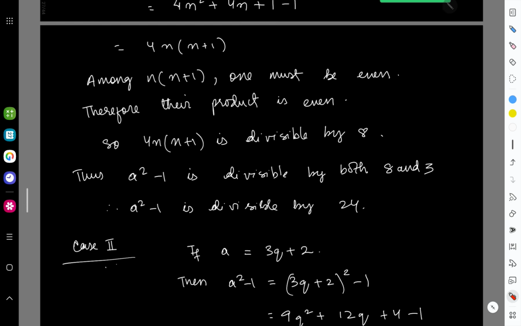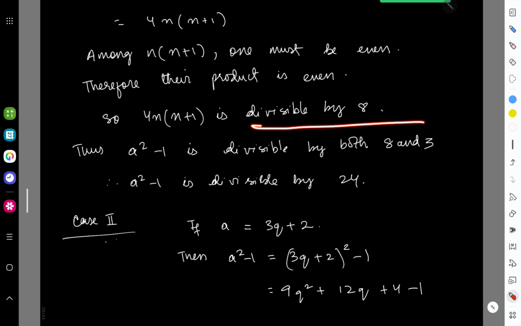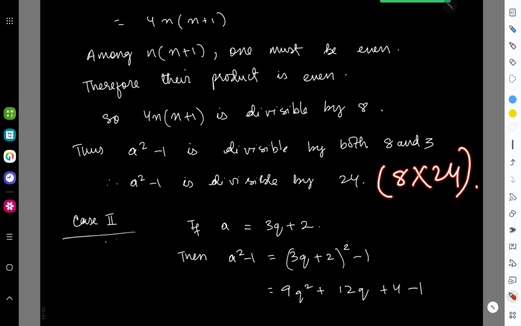That's the first thing. Second, it can be divided by 8. Therefore, a square minus 1 is divisible by both 8 and 3. That means it is divisible by 24. 8 times 3 is 24.